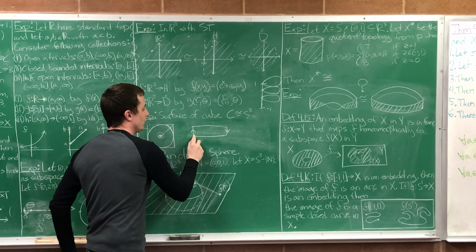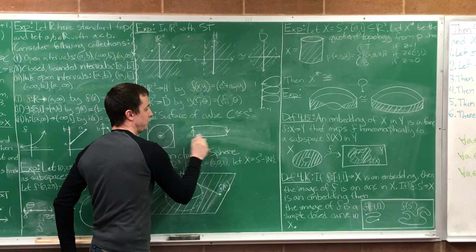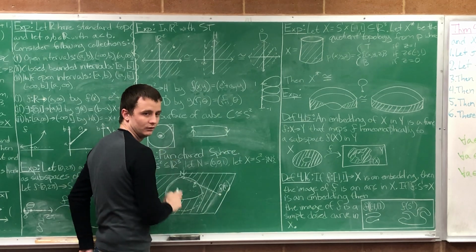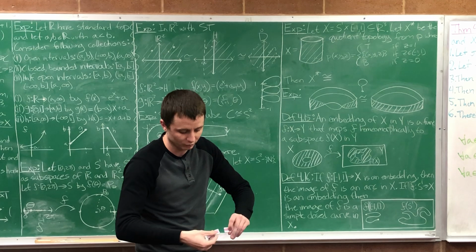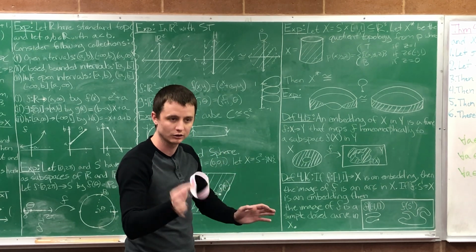So I identify all the points here with all the points here, but I flip it, so a point right here would be identified with a point right there. That is how we get the Mobius band. So instead of identifying it like that, I flip it as I identify it, and we got the Mobius strip.